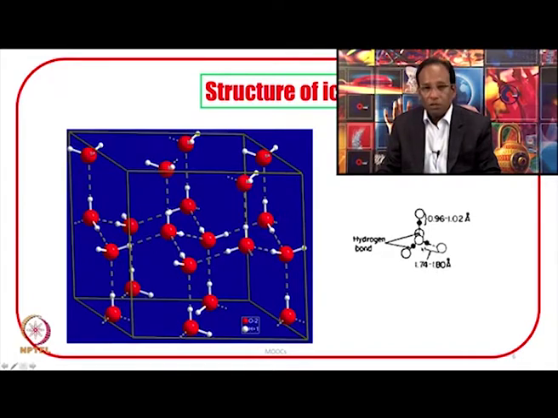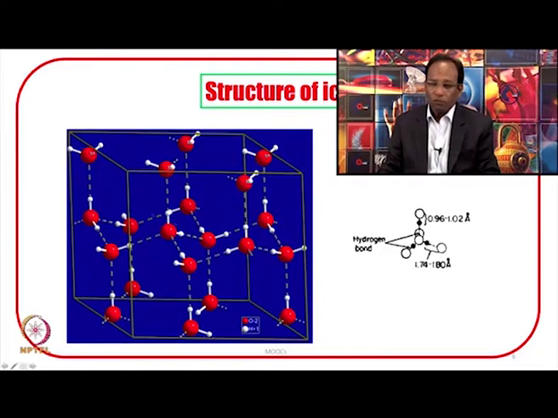In between there are hydrogens which are either connected to oxygen through covalent bond or through hydrogen bond, and their respective distances are also shown over here. And since there are interstitial spaces, there are voids, the density of ice is smaller than the density of liquid water. We will soon discuss the structure of liquid water, and if the density of ice is less than the density of liquid water, that is why ice will float in water.